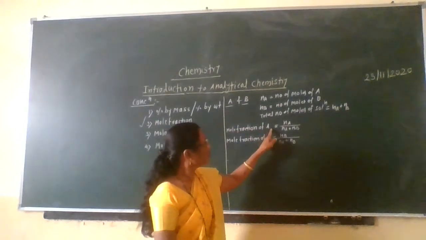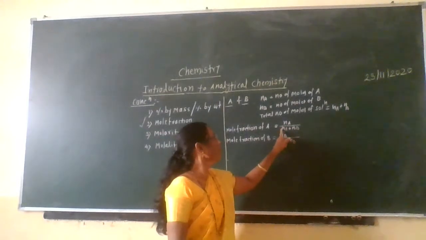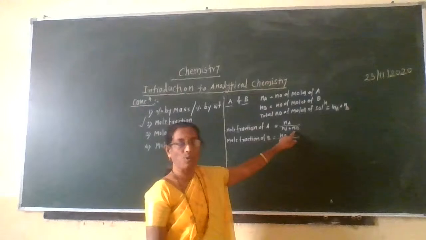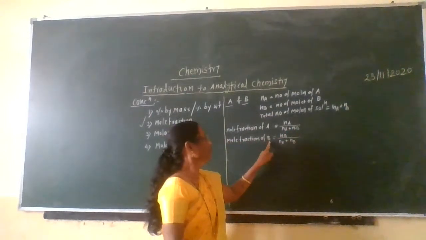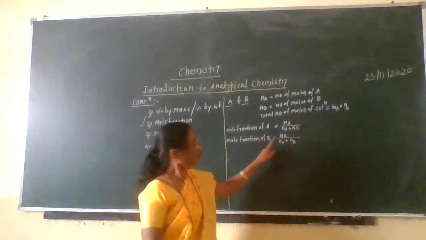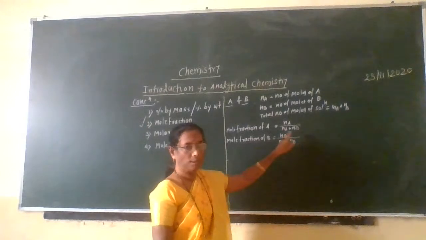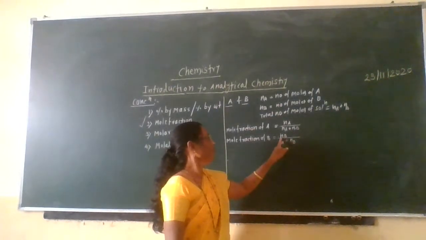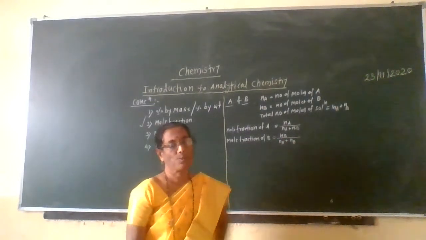Then it is the number of moles of solute divided by the total number of moles of solute plus solvent. In the same way, for the solvent, it becomes the number of moles of the solvent divided by the sum of the number of moles of solute and the number of moles of solvent.